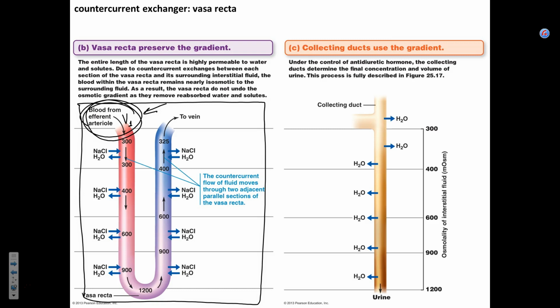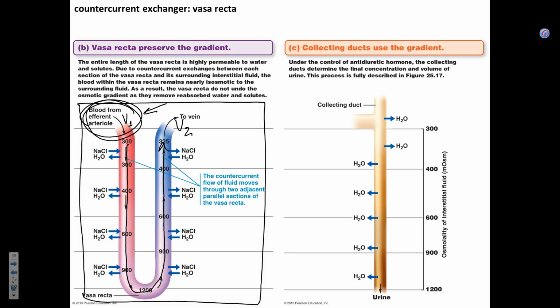As blood flows through the vasa recta, on its way it picks up water and salts. You see what I'm trying to say? So water and sodium chloride that leave the nephron loop enter the blood in the vasa recta. And the volume of the blood at the end, before it is discharged into the vein, is V2.